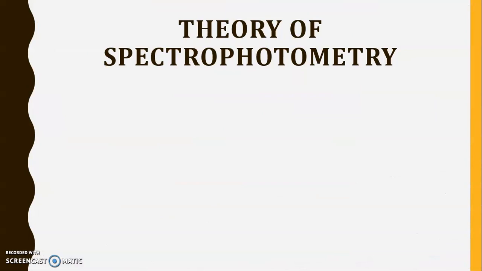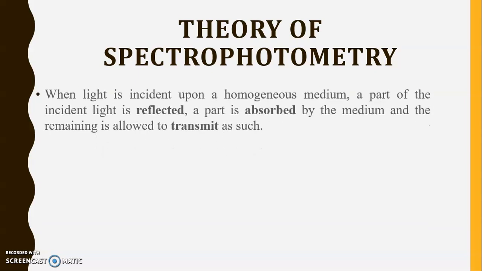Now, before that, we will see what the actual theory of spectrophotometry is. As we know, every spectrophotometry involves the use of electromagnetic radiation. These electromagnetic radiations may be in the form of light.